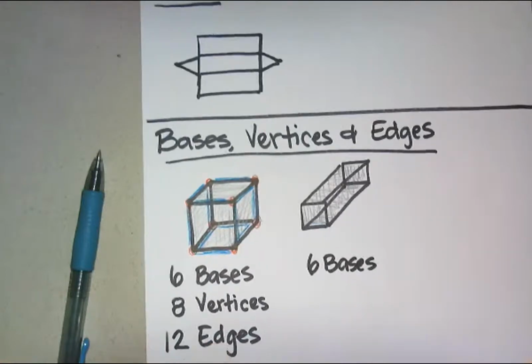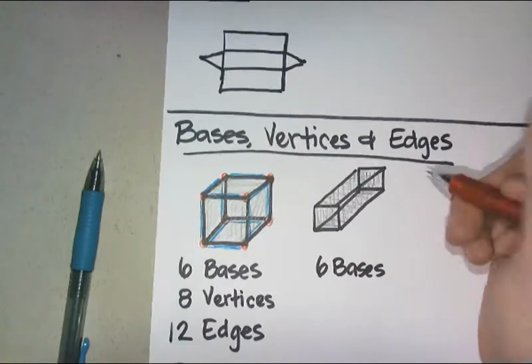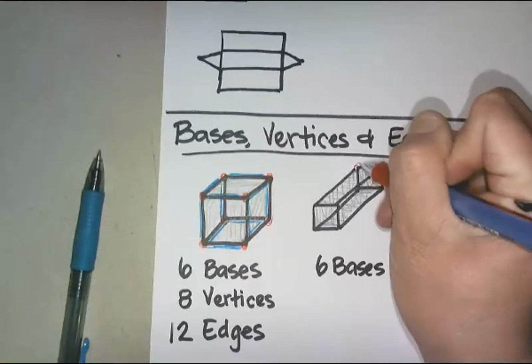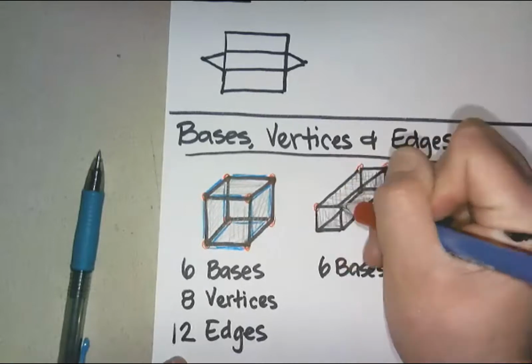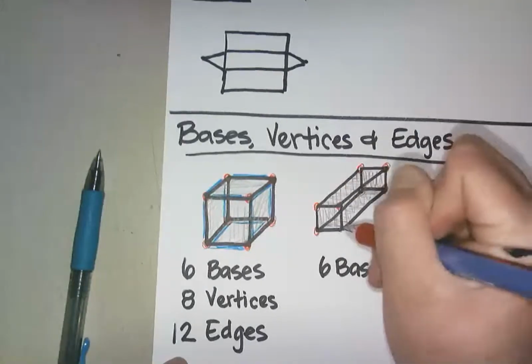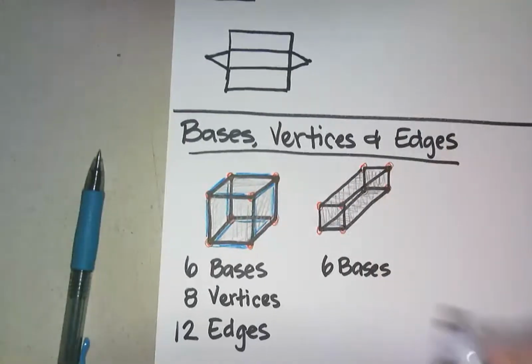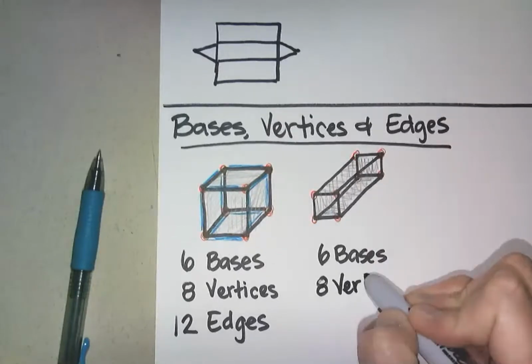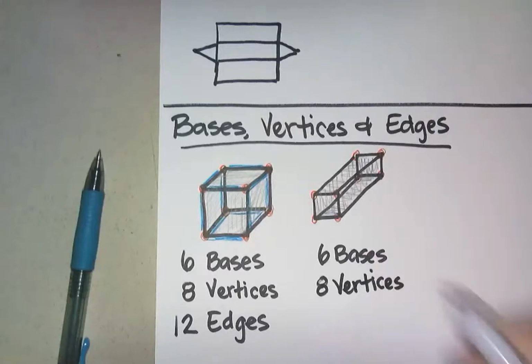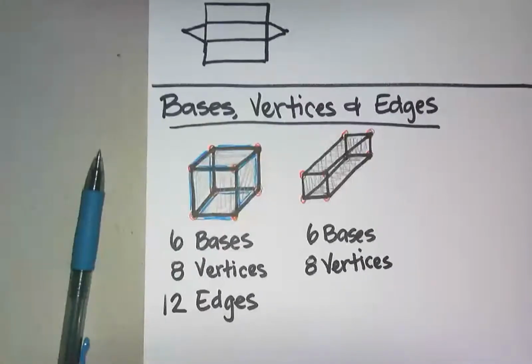Okay, for our vertices, again, I'm going to do the same thing. 1, 2, 3, 4, 5, 6, 7, 8. So 8 vertices. And our edges.